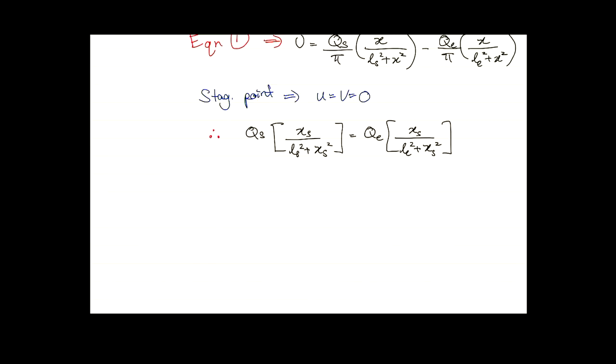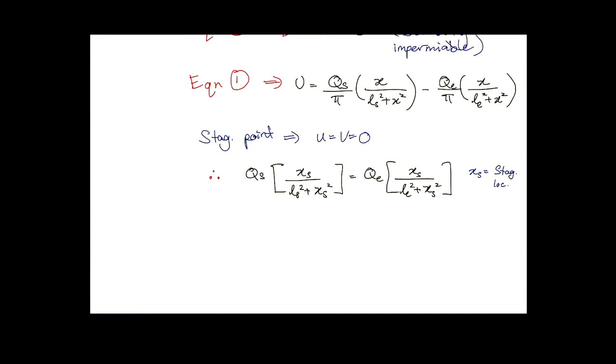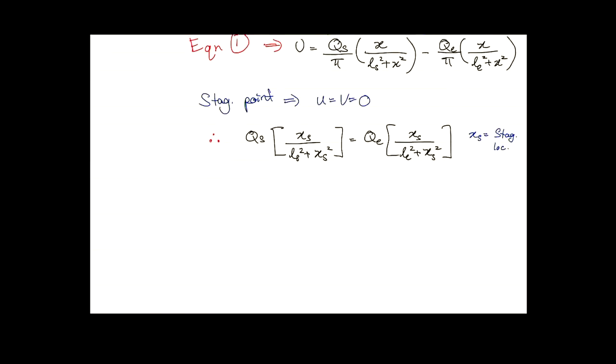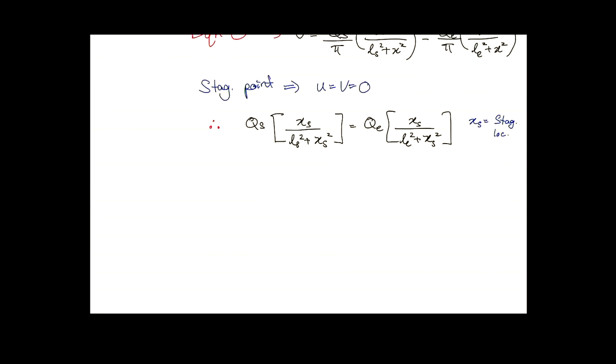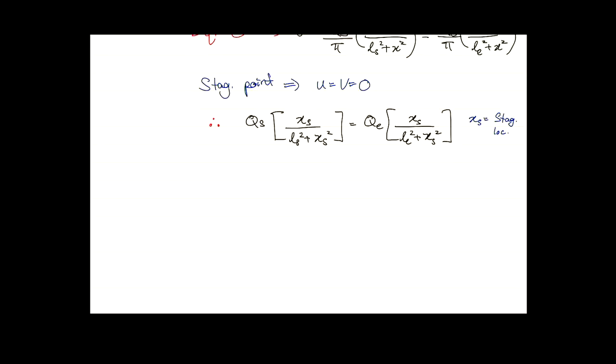So I've rewritten x as xs, the stagnation location, right? Hopefully from this equation you can see that my stagnation point occurs when xs is equal to zero.